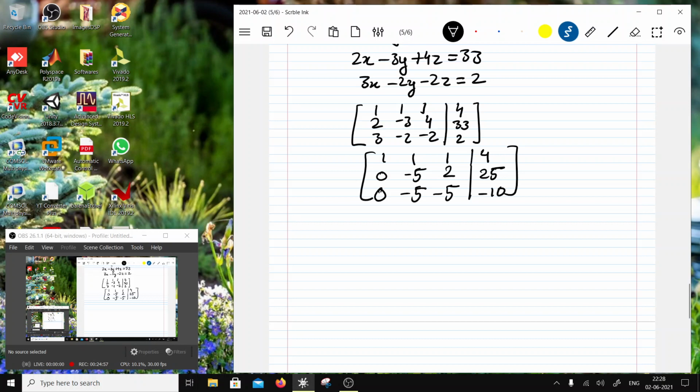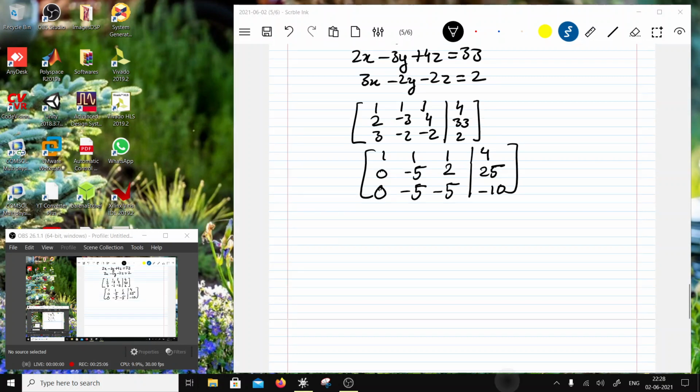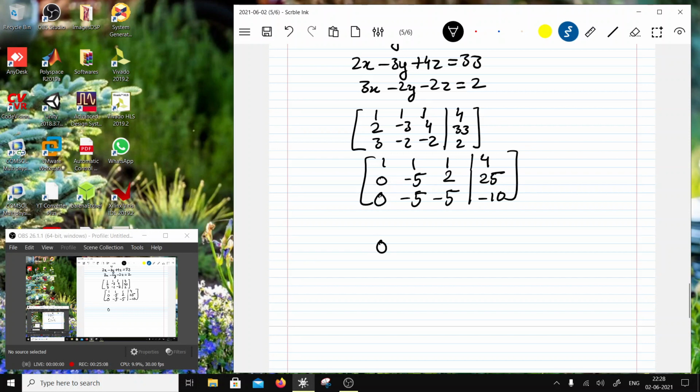Now I have to eliminate minus 5 from this equation. So what I'll do is take the second equation and subtract it from the third equation. So what I'll have is 0, and then minus 5 plus 5 is going to be 0, minus 5 minus 2 will be equal to minus 7, and then minus 10 minus 25 is going to be minus 35, correct?